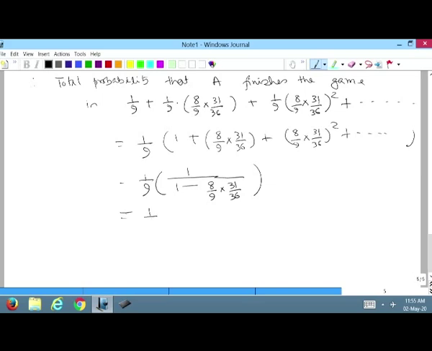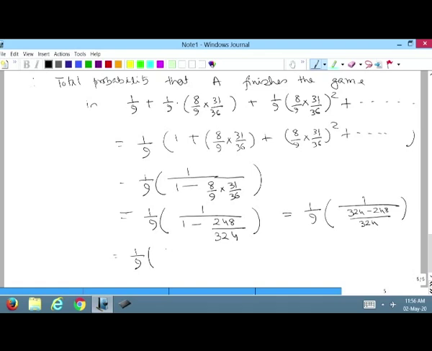That is 1 by 9 into 1 upon 1 minus 248 upon 324, which is 1 by 9 into 1 upon (324 minus 248) upon 324, which is 1 by 9 into 324 upon 76, which is 36 upon 76, which is 9 upon 19.